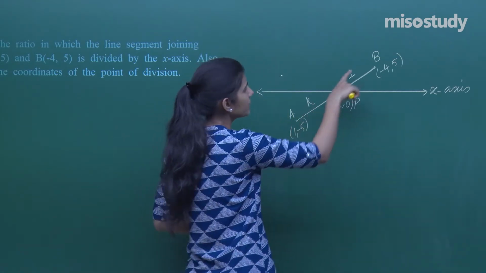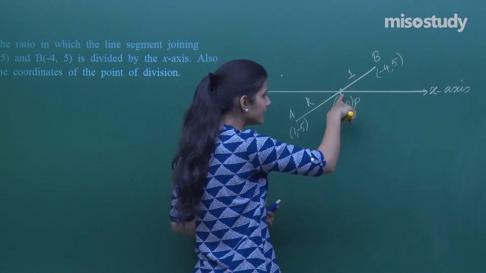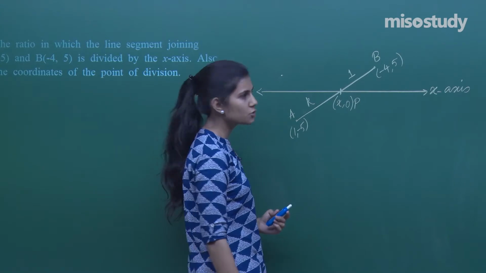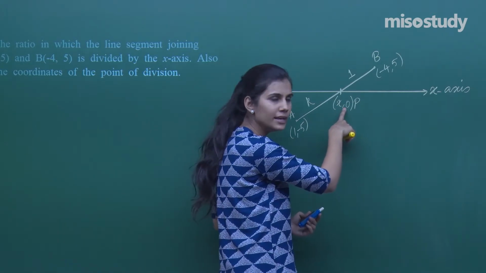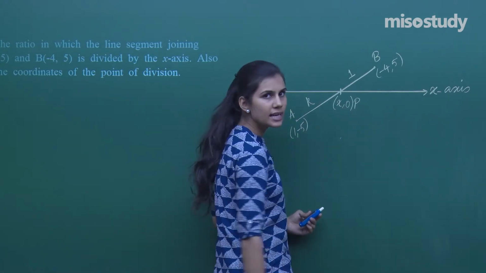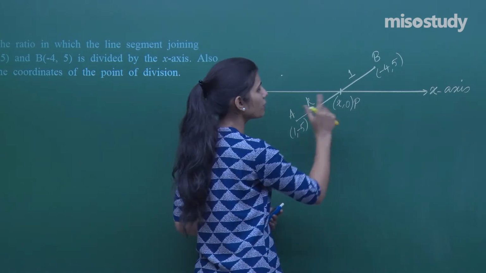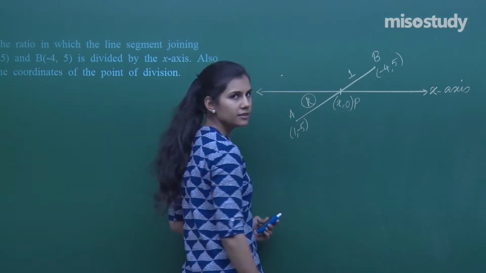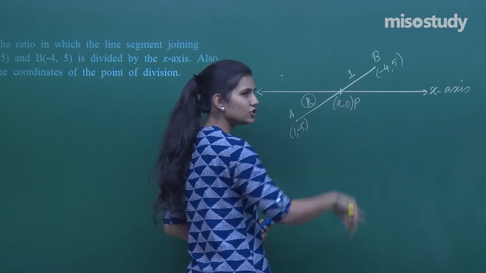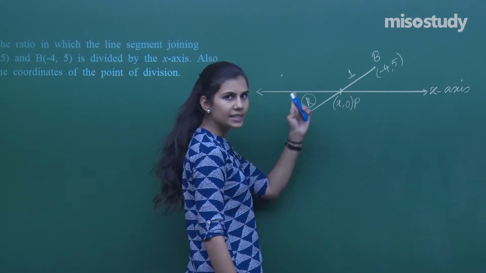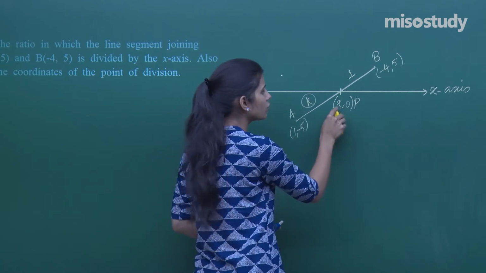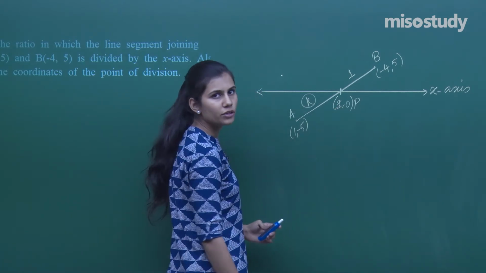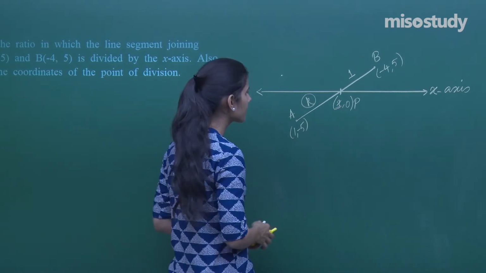So let the ratio be k is to 1 and the point which is dividing this line segment AB in the ratio k is to 1, let the coordinates be (x, y), but because the point is lying on the x-axis, y is equal to 0, my required point is (x, 0). So we have to find the value of k, so that we get the ratio in which x-axis is dividing this line segment joining A and B, and I also want the value of x so that I get the point of division's coordinates.